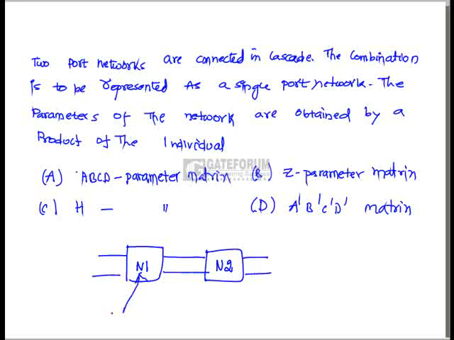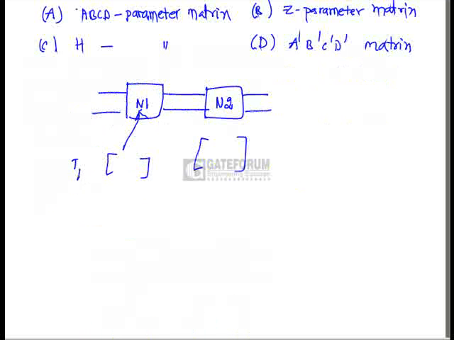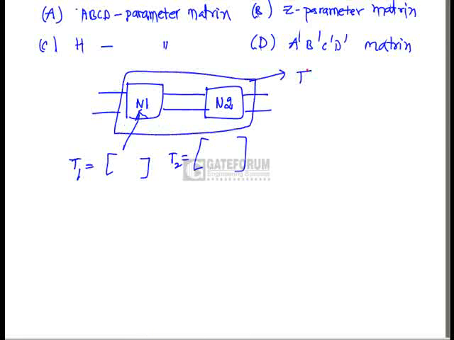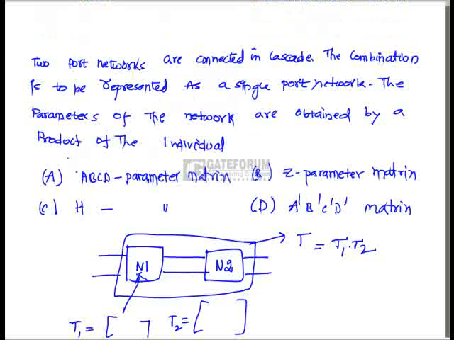Suppose N1 has a matrix T1 and N2 is represented with a matrix T2, then the whole network is represented with a T, which is nothing but the product of T1 and T2, because the individual matrices, we are assuming, are T parameters, then only we can take the product. So option A is correct.